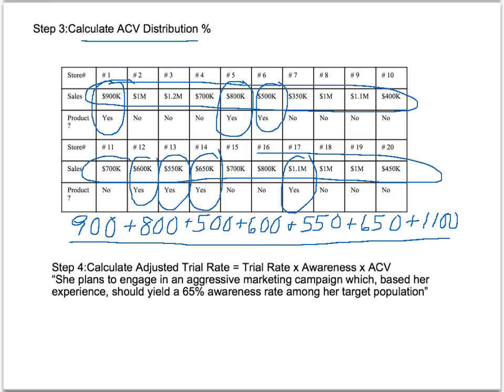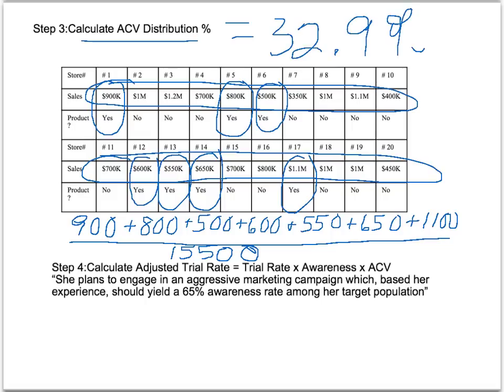You have to add all of these sales together. What you'll end up with is 15.5 million. We're working in thousands here, so we'll leave that in thousands. Execute that math, and what you'll end up with is an ACV distribution of 32.9%.